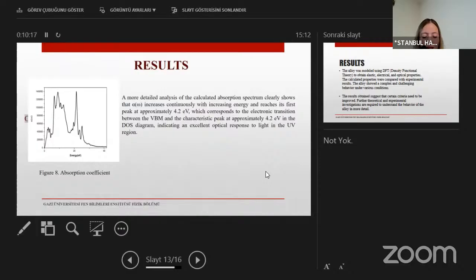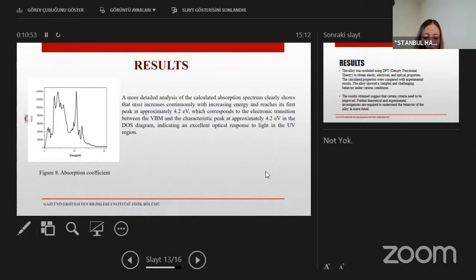A more detailed analysis of the calculated absorption spectrum clearly shows that alpha increases continuously with increasing energy and reaches its first peak at approximately 4.2 electron volt, which corresponds to the electronic transition between the valence band maximum and the characteristic peak at approximately 4.2 electron volt in the DOS diagram, indicating an excellent optical response to light in the UV region.